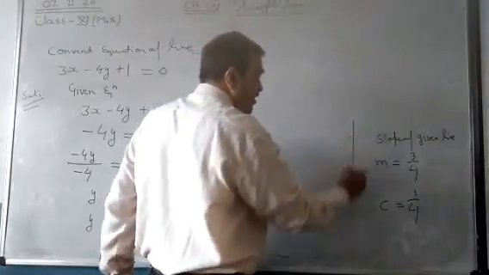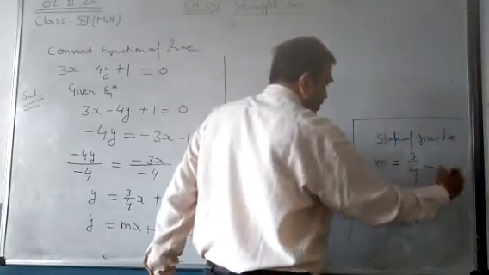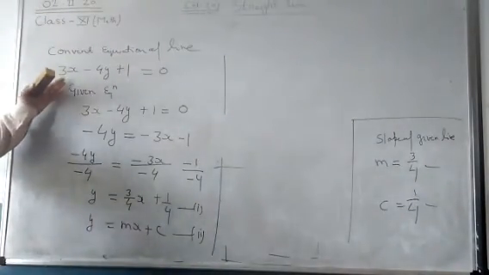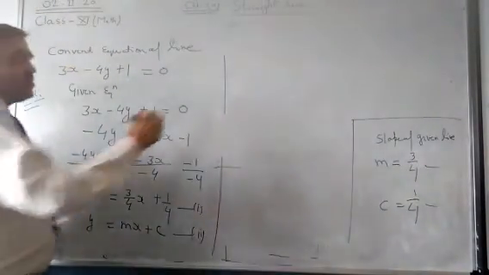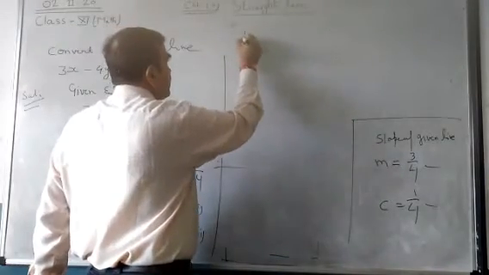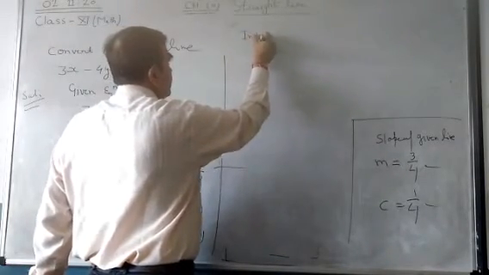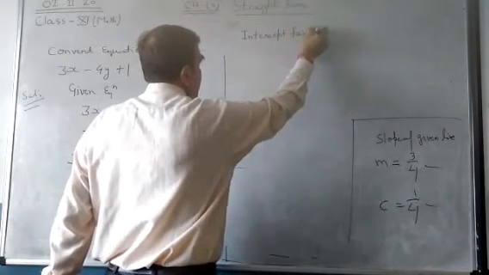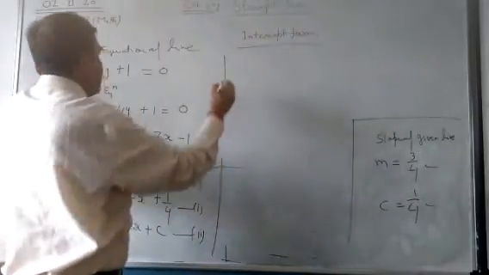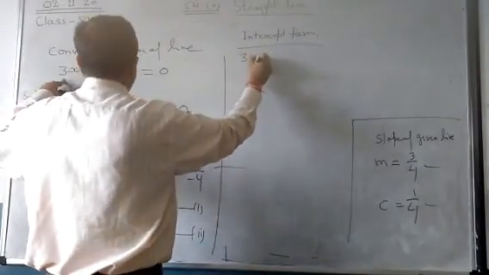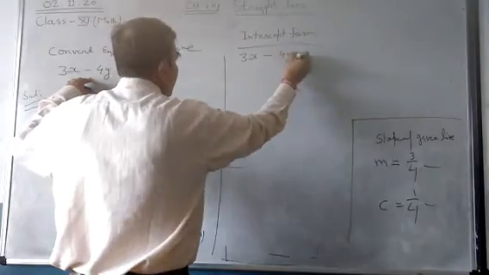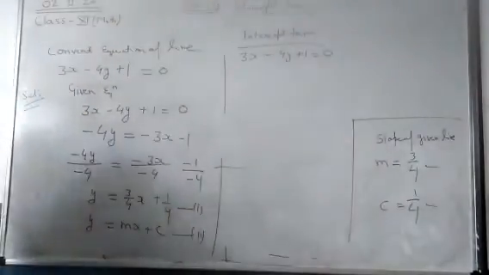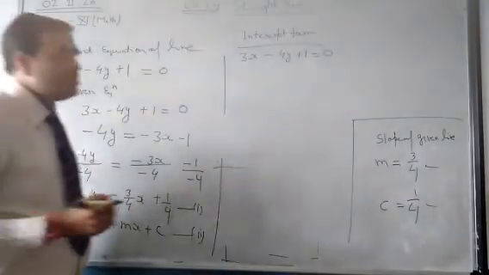This is the slope of the given line and intercept. Now we convert this equation to intercept form. So, intercept form: 3x minus 4y plus 1 equals 0.